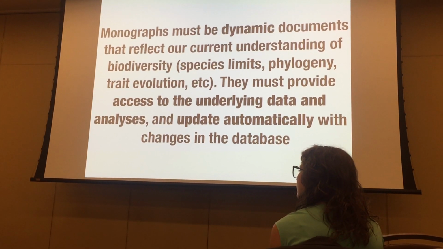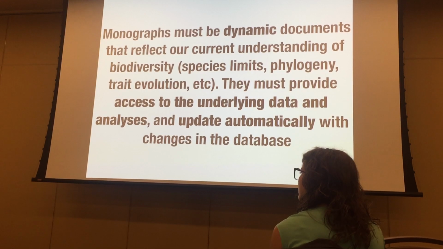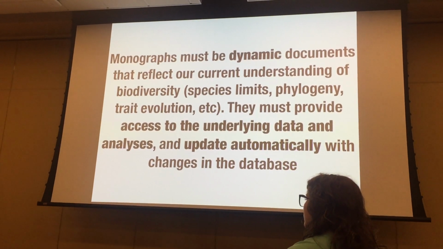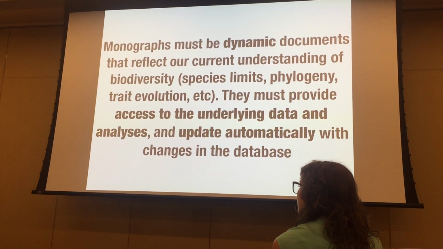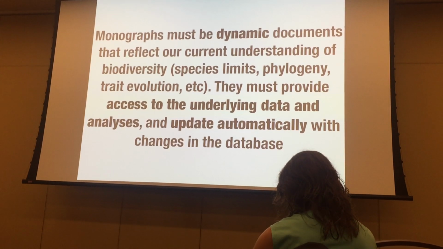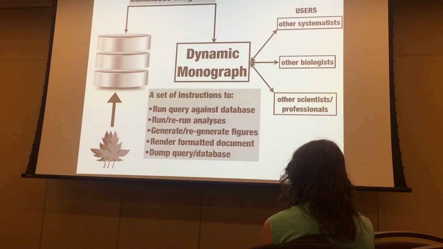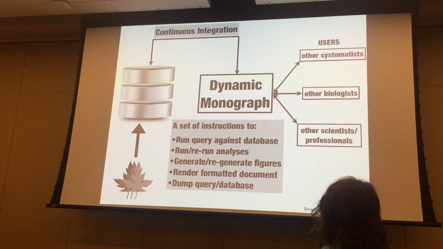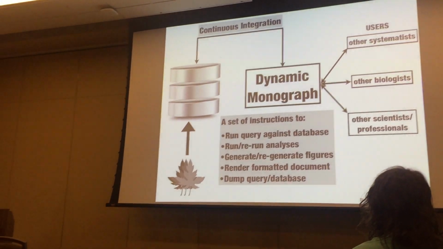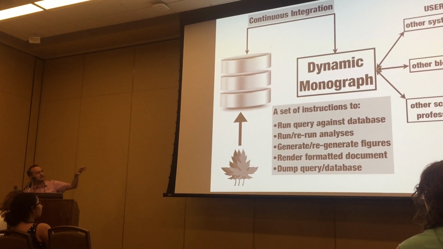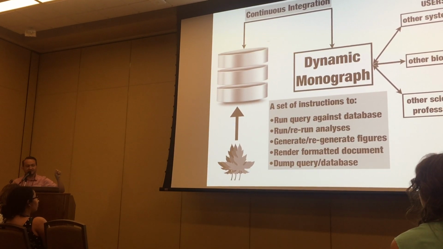And of course, because these monographs are basically an outlet of a database, we should be able to provide the raw data to the audience, the people who are reading our monographs. They should be able to see where the data comes from, and we should provide access to this data. So what I am proposing now is that we should perhaps think about monographs as this connection between the database here in these little piles and the monograph, and it's connected.